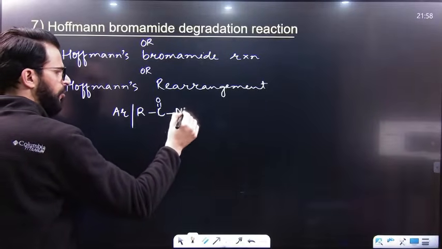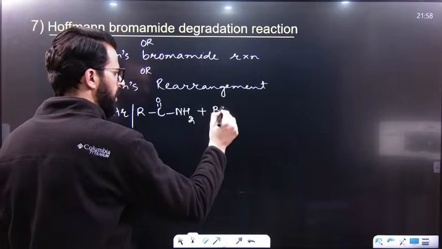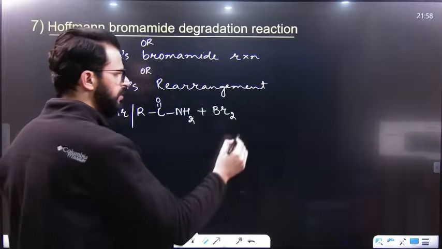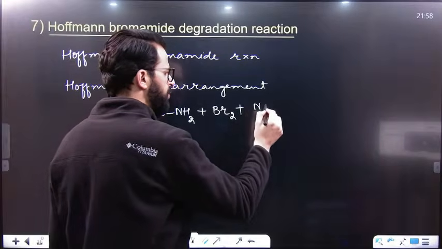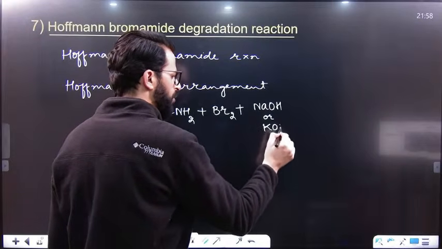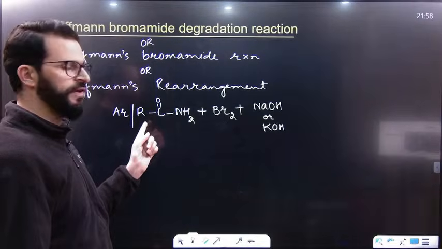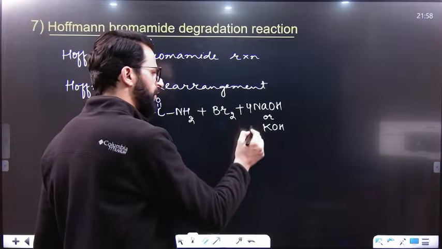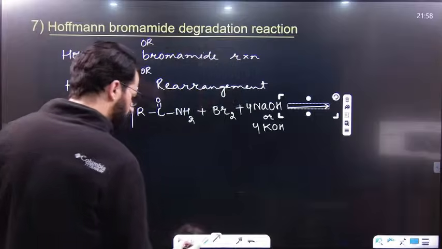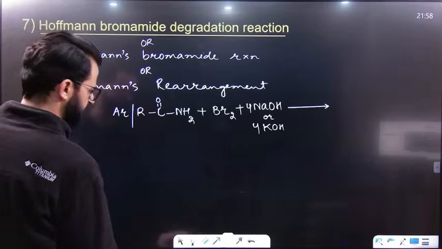Whenever an aliphatic or aromatic amide is treated with bromine in the presence of either NaOH or KOH, remember, 1 mole of bromine will react with 1 mole of amide, but 4 moles of NaOH or KOH will be there. So the reaction will be simply like this.